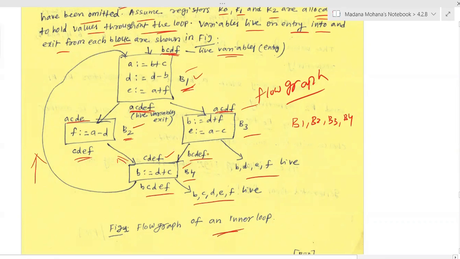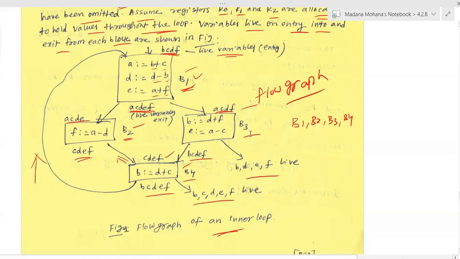Now what you have to do is find out the usage cost for each and every variable that is used in this flow graph throughout the loop. Throughout the loop, any path you can take, loops occur. Now the usage means the right hand side, where you can see B, C, D, A, F. So A, B, C, D, E, F, all of these you can calculate the usage count.